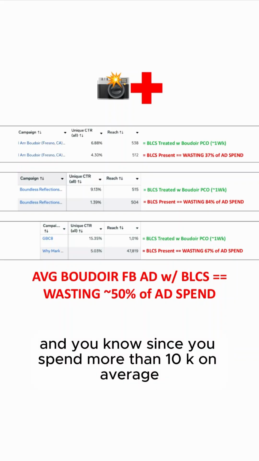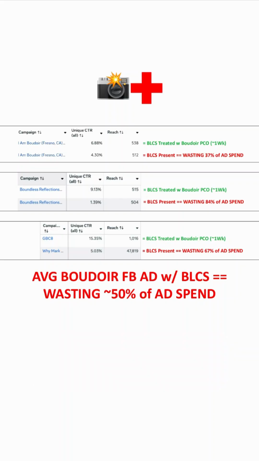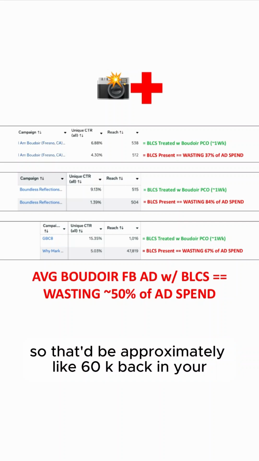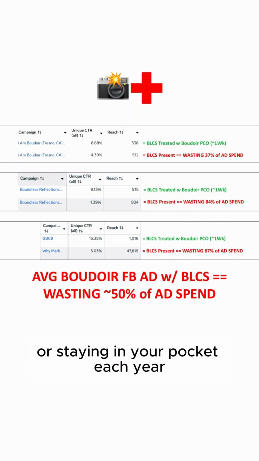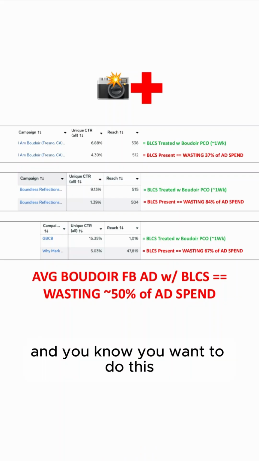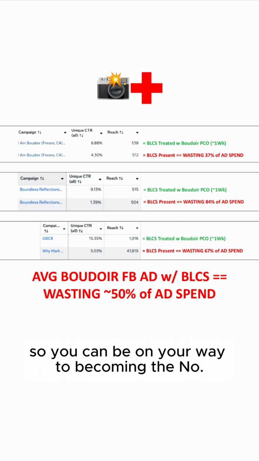And, since you spend more than 10K on average, we can probably save you, eliminate approximately 5K wasted ad spend per month. So that'd be approximately like 60K staying in your pocket each year, kind of a phantom bonus. And you want to do this so you can be on your way to becoming the #1 boudoir photographer in your city.